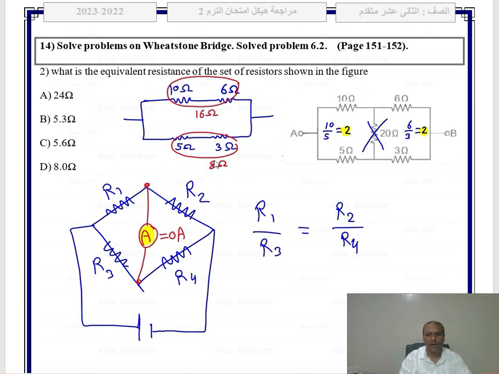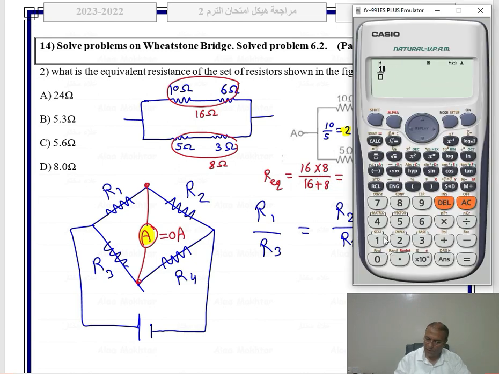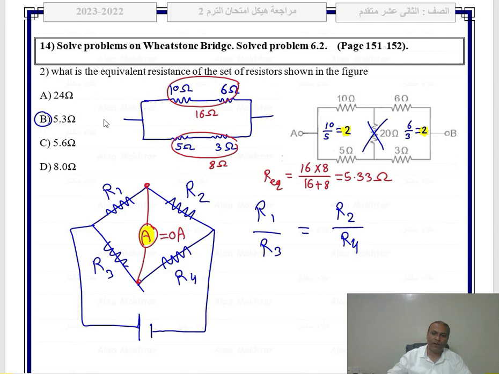Yes, in parallel. In this case, Req equals 16 times 8 over 16 plus 8. Using the calculator, the answer is 5.33, about 5.3 ohm.